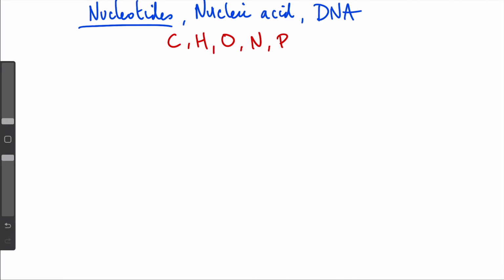So they're actually made up of more than the carbohydrates, which is just carbon, hydrogen, oxygen, the fats, which is just carbon, hydrogen, oxygen, the proteins, which is carbon, hydrogen, oxygen, and nitrogen. And now we've got phosphate or phosphorus forming phosphate, which is part of this whole process.